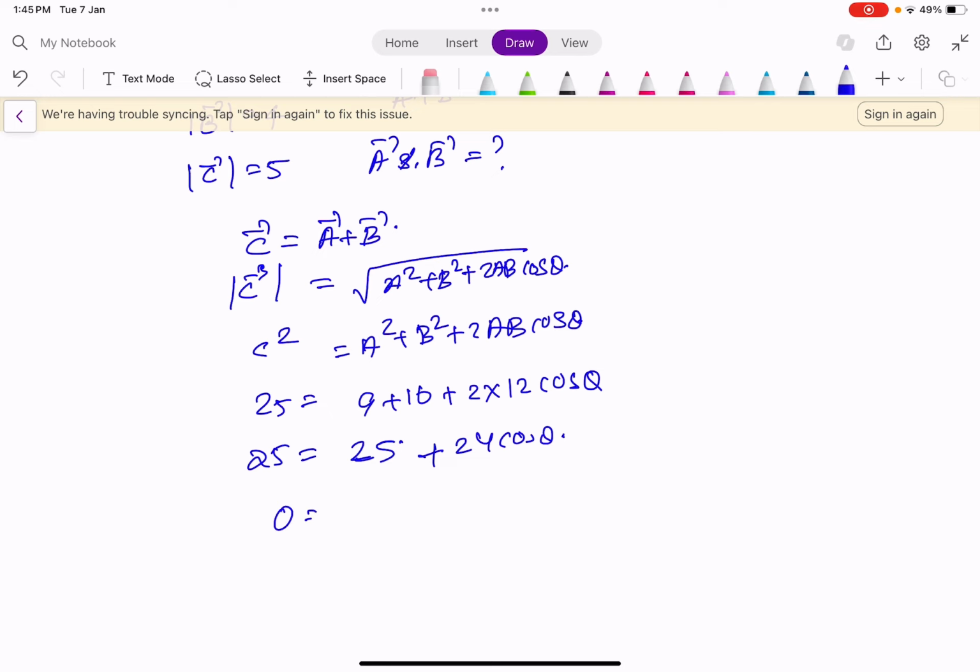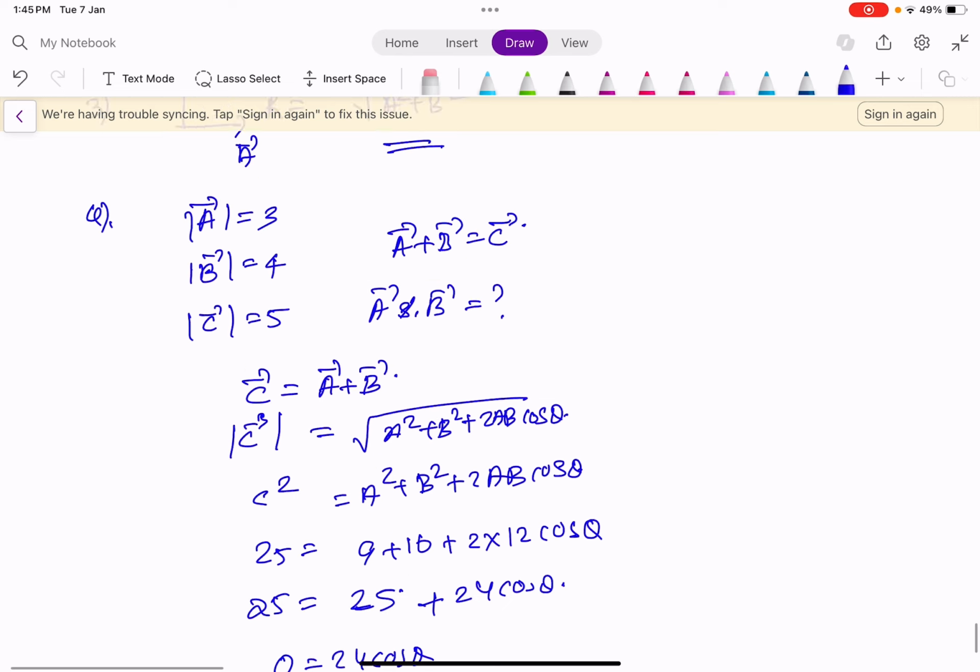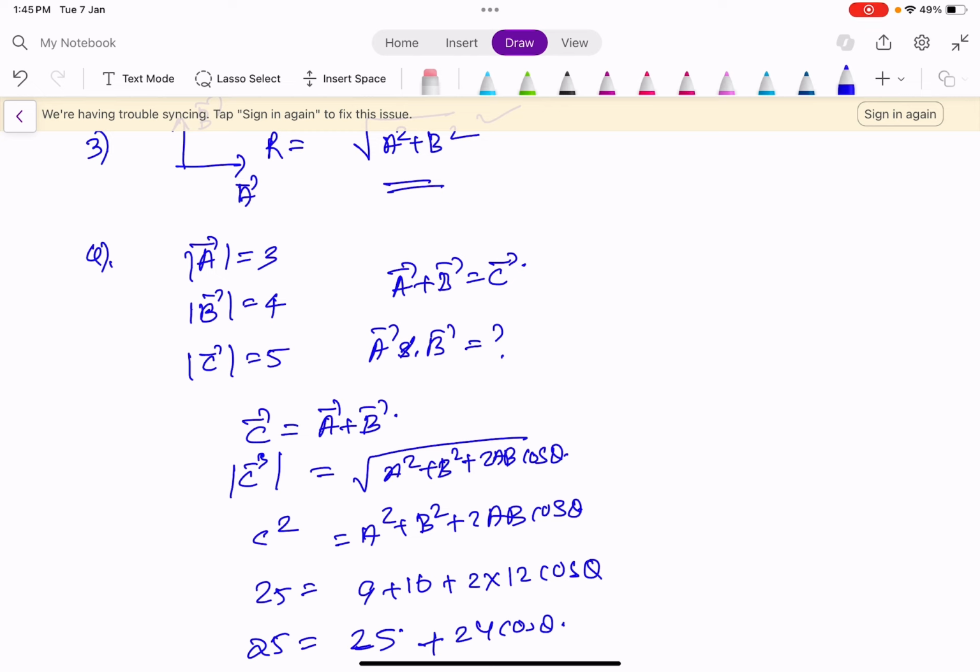So 0 equals 24 cos theta, so cos theta is 0 and theta equals pi by 2. See, this is how we will find the angle between two vectors.